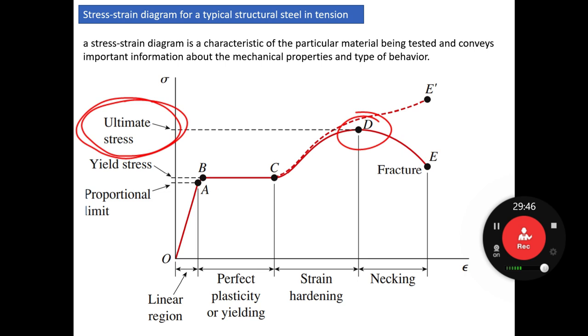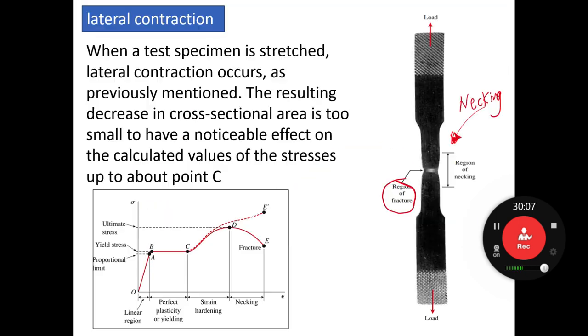And after that, the material goes into another phase called necking, and it goes down from point D to point E, and at the end fracture takes place. So this fracture is going to manifest itself in necking and then fracture at the middle.